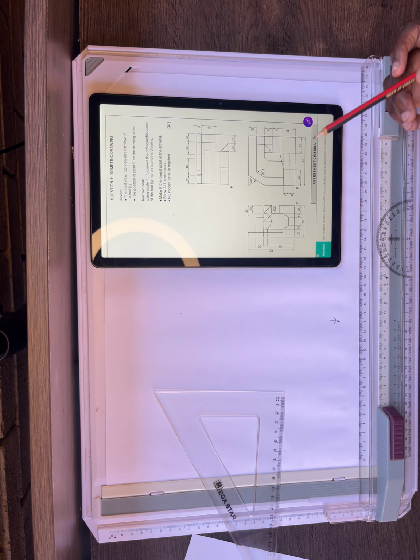Same applies in this direction. We are going to measure 40, which is here. Then now look, we just join everything all together. Join, join, join.